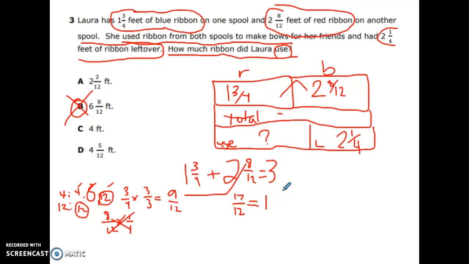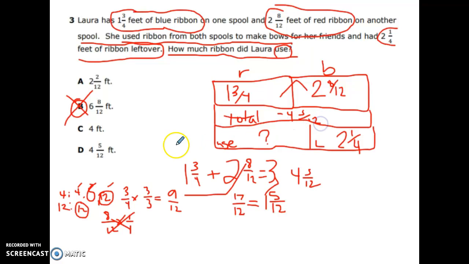So let me think. 12 and then 13, 14, 15, 16, 17. That is 5 extra parts. So it's really 1 and 5 twelfths. So when I add my 3 wholes and my 1 whole, I get 4 and 5 twelfths. That is my total amount of ribbon.